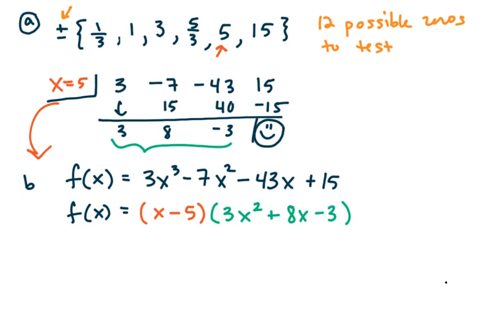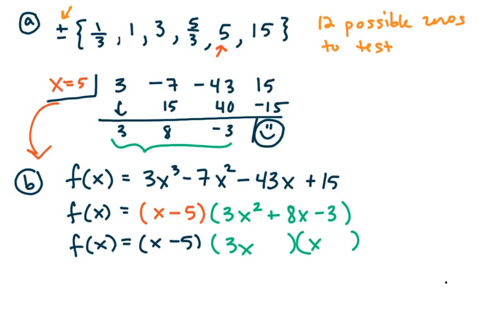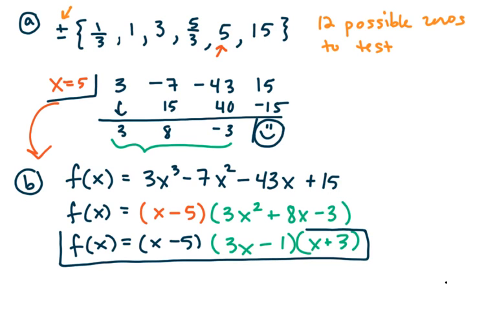So we're working towards part B, and part B of our problem says we need linear factors. So f of x equals x minus 5, and this quadratic factor, I know how to factor that. Let's see, I've got 3x and x. If I put a +3 here and a -1 there, I get 3 and 9. So now I've factored this into linear factors.